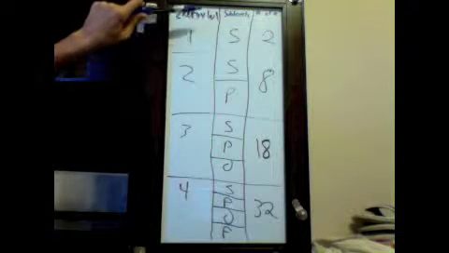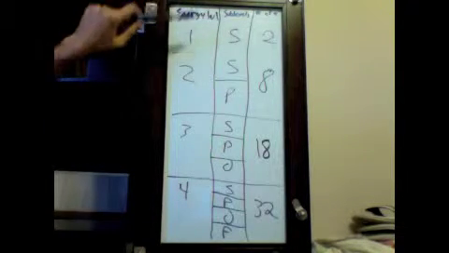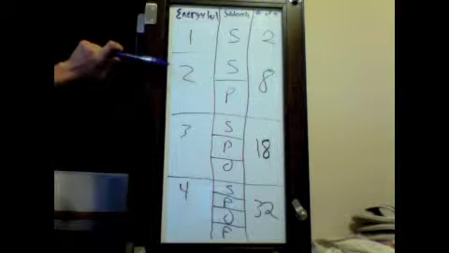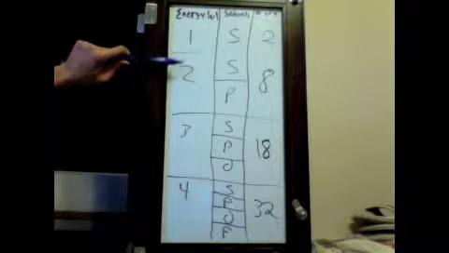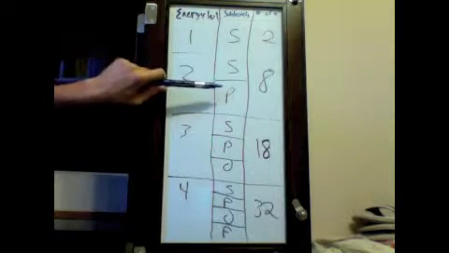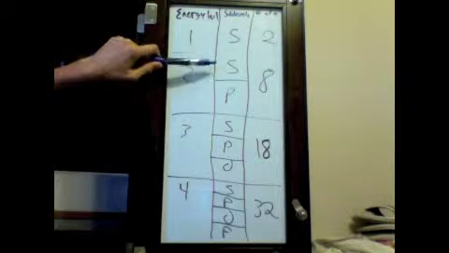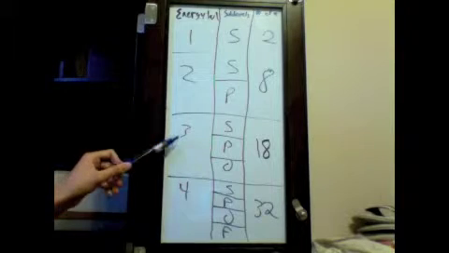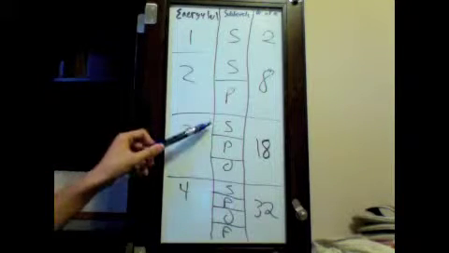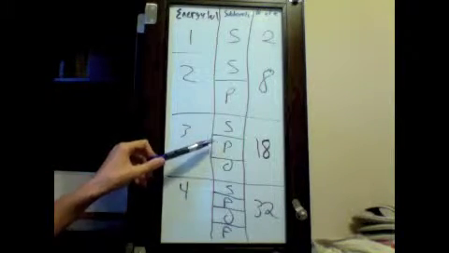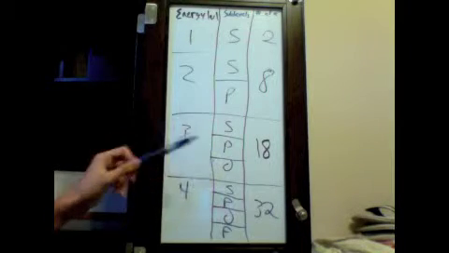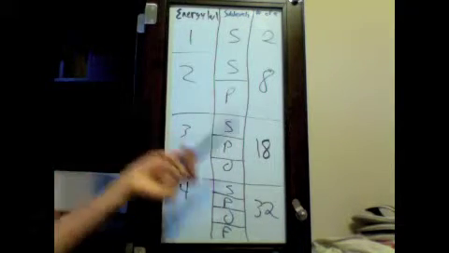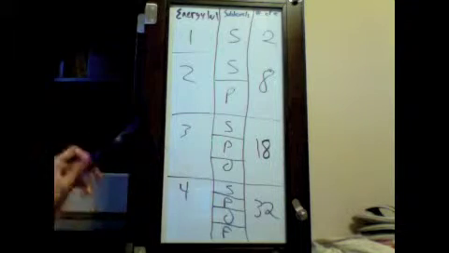In the first, since there's only the s sublevel, there are two electrons in this energy level. On the second energy level, since there's p, which has 6, plus s, which is 2, you get 8 electrons in that energy level. For energy level number 3, we have s, 2, p, which has 6, and d, which has 10 electrons, so you get a grand total of 18 for the third energy level.